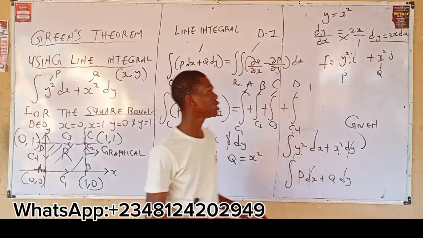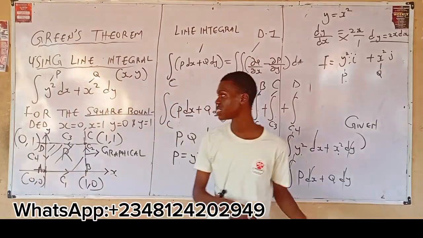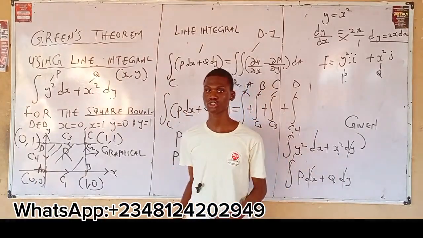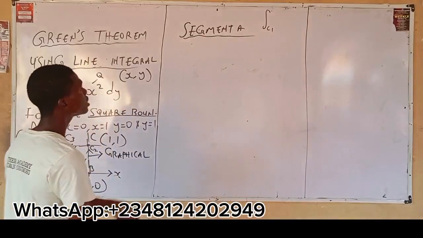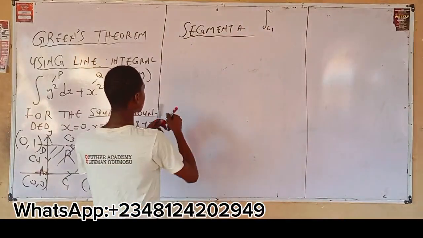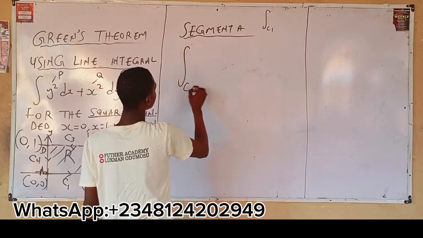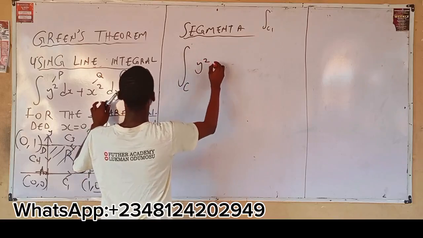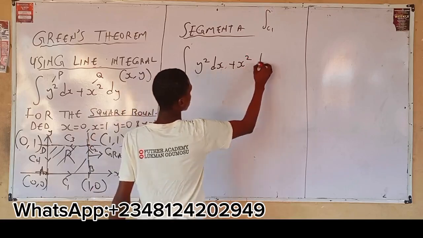Now let's determine the function of x and y at each segment. Let's apply line integral to each segment and do the necessary evaluation for your integral function. For my segment A, meaning integral over C1, I have my line integral formula as integral over C of y squared dx plus x squared dy.